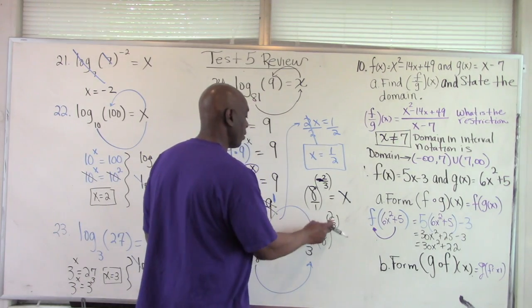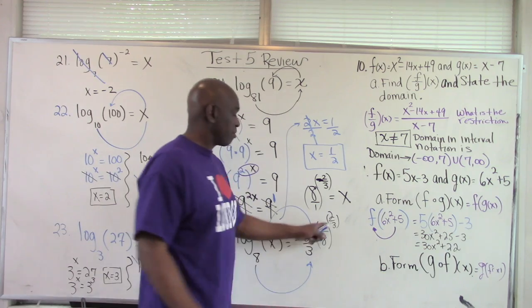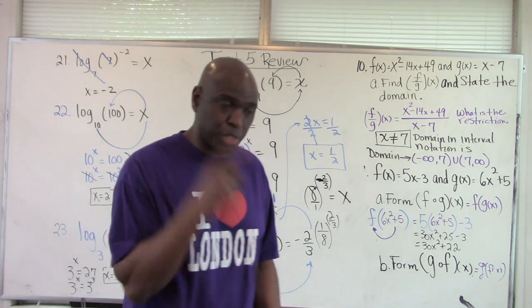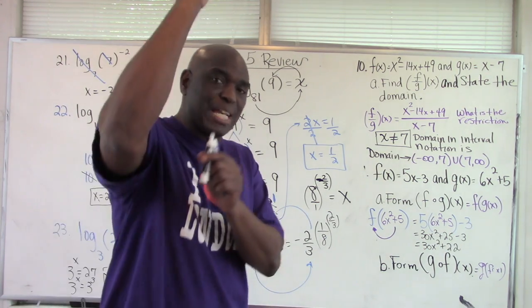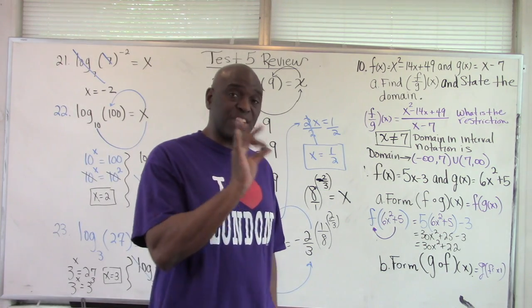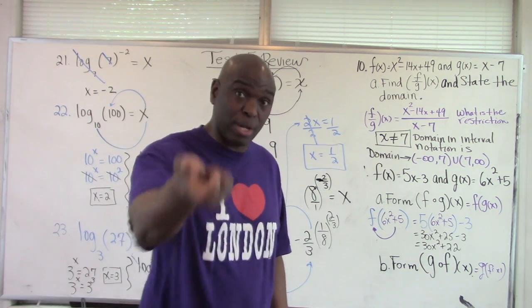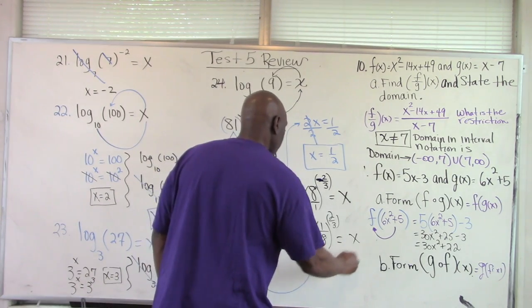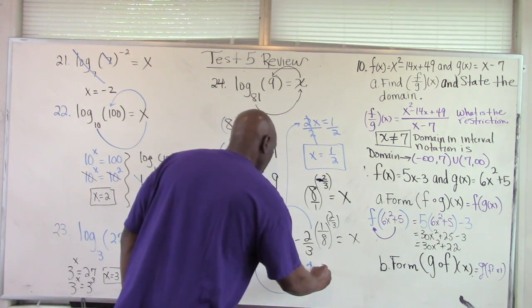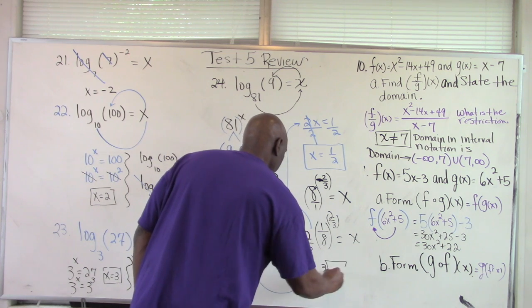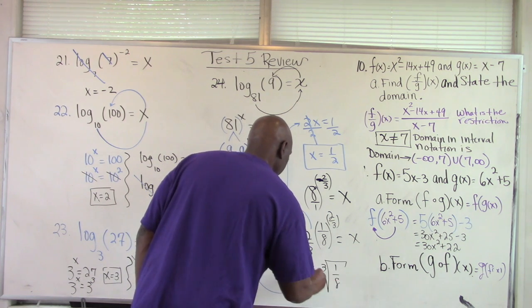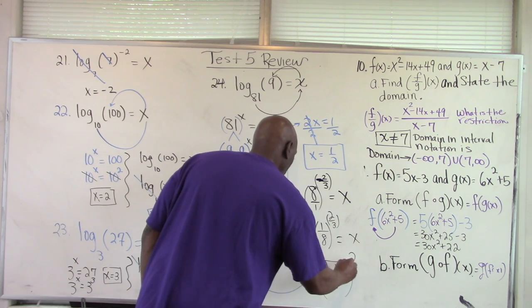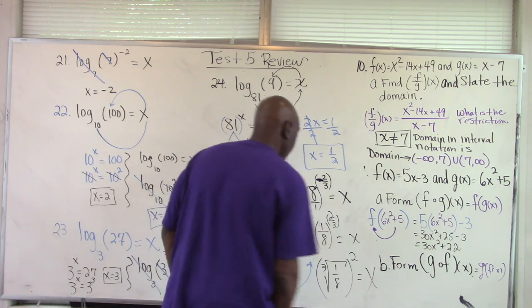Well, 2/3 is a rational exponent, so take your rational exponent and write it as a radical. This gives me the cube root of 1/8 quantity squared equals x.